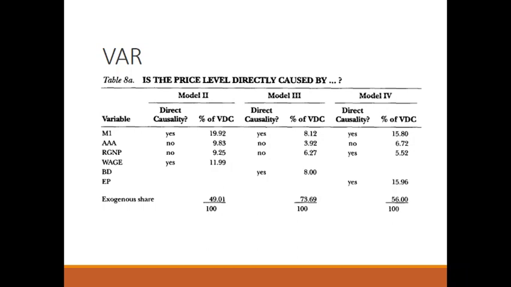The only inflation we see from the interest rate is an indirect channel. The direct causes are money supply, and then wages, the size of wages, but about half. So that's that first model. On the second model, you can see those values are smaller, so it's not working as well as the first model.